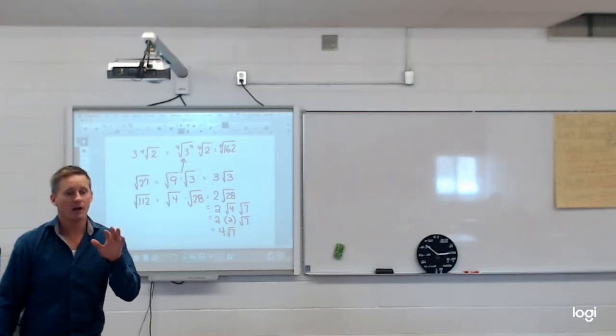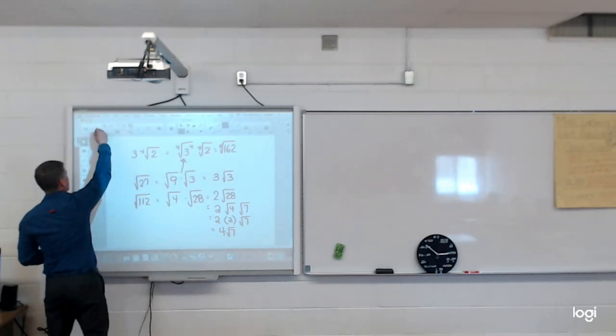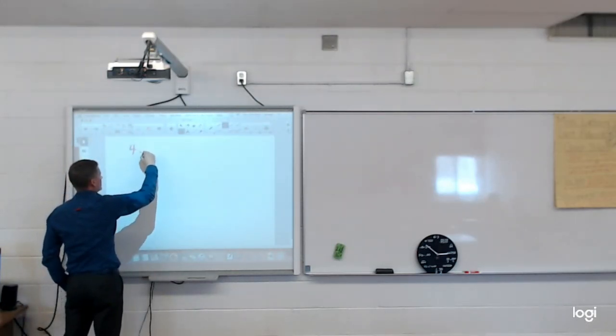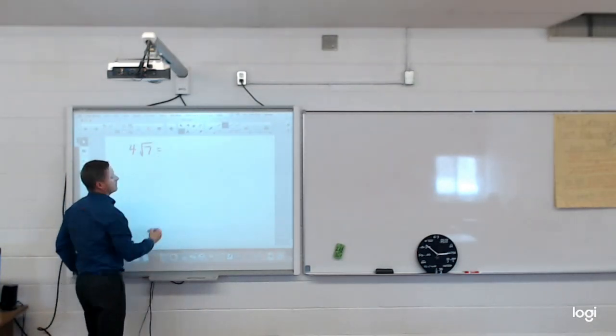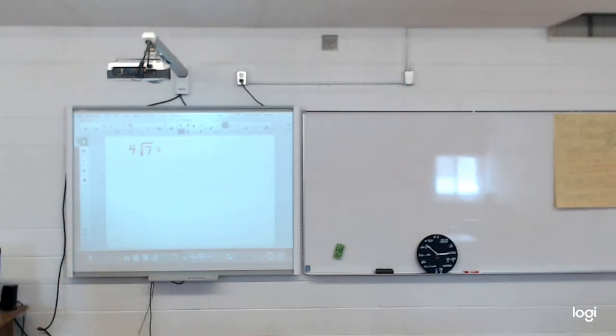I want to show you something. Okay, put your pencils down for 1 second. My new question to you is this. Change this mixed radical into an entire radical. So what do I do first? 4 square root 7.